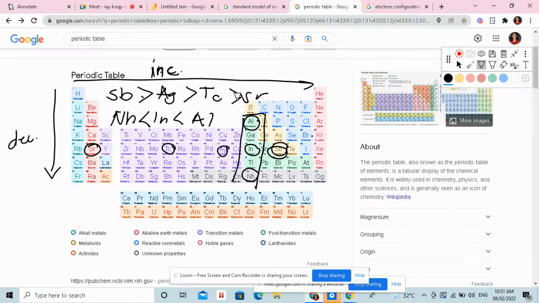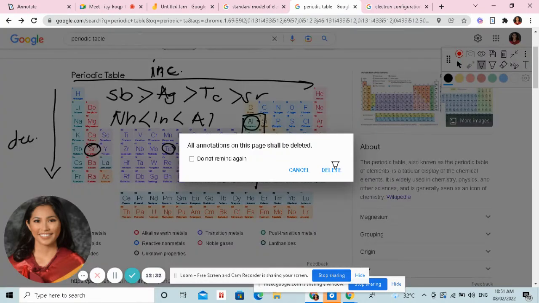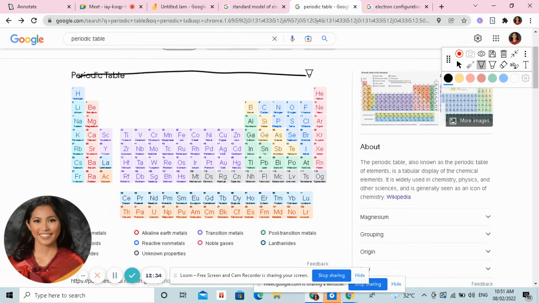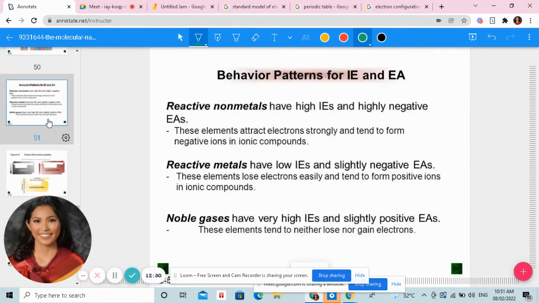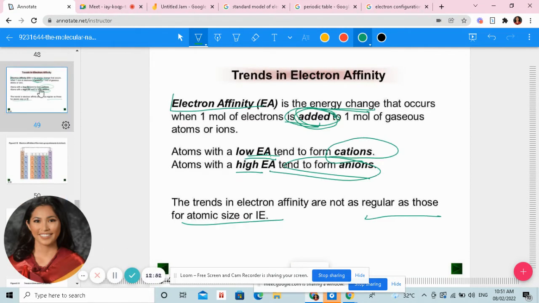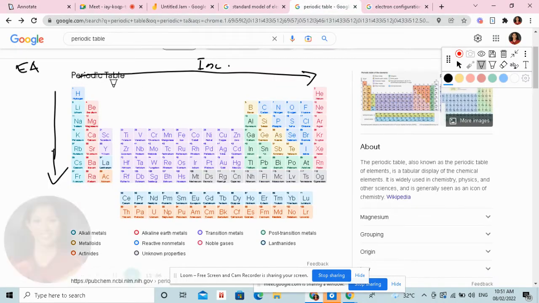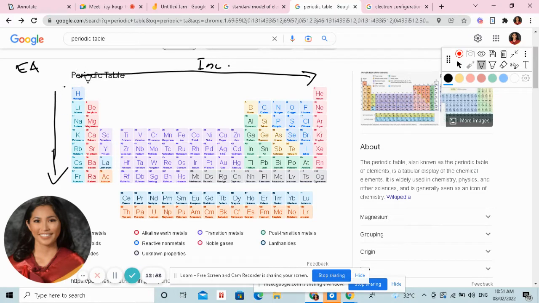Okay, so as we go across the periodic table, EA gihapon increases, electron affinity, while as we go down the periodic table, we have, oh, but we cannot rely on this trend because there are many exceptions here.